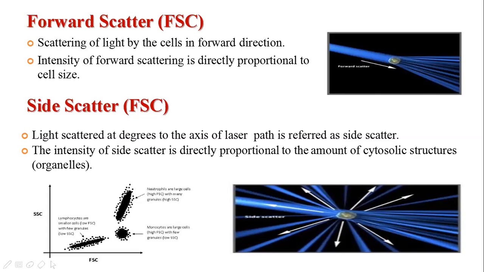There are 2 detectors, one detecting the forward scatter and one detecting the side scatter, and the other 3 detect the fluorescence signal. On that basis, we can have 3 different populations. So this is the case of performing flow cytometry.